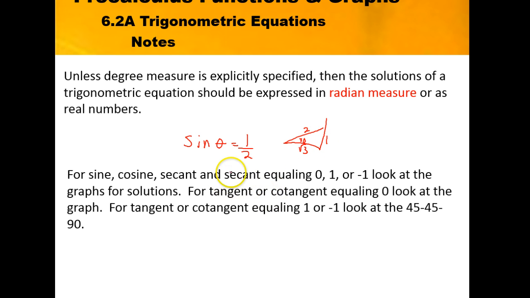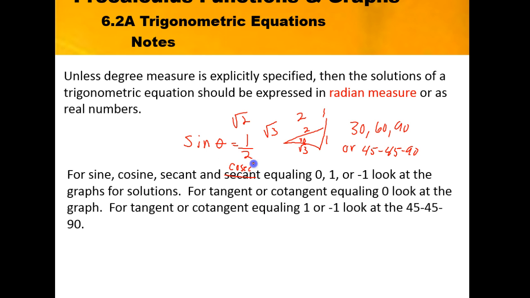Okay, so for numbers like 1/2 or anything with root 3, anything with a 2 or a 1, we're really going to be looking at 30, 60, 90, or a 45, 45, 90. And I should include root 2's in that list.